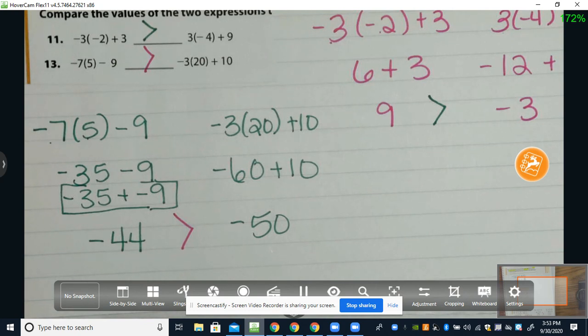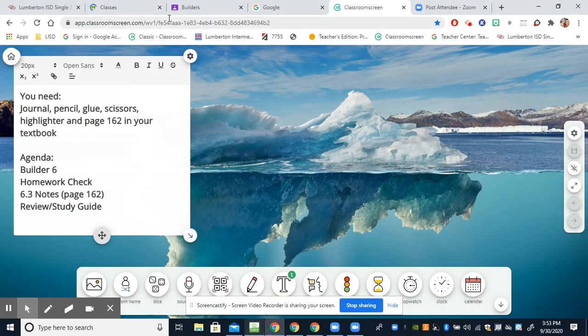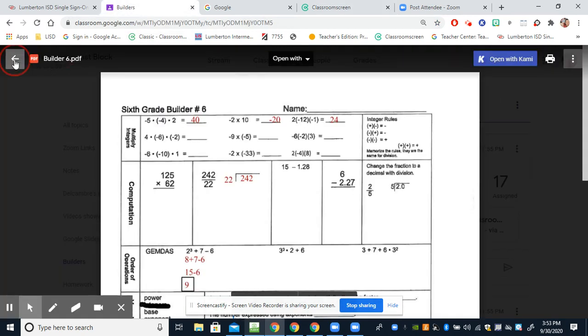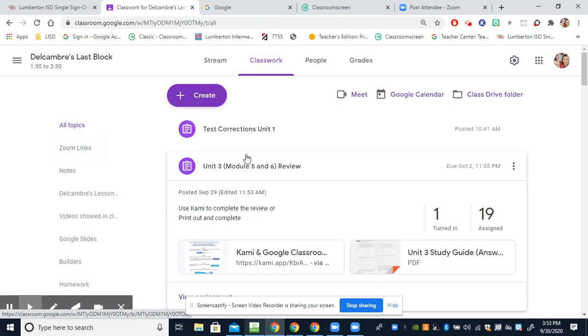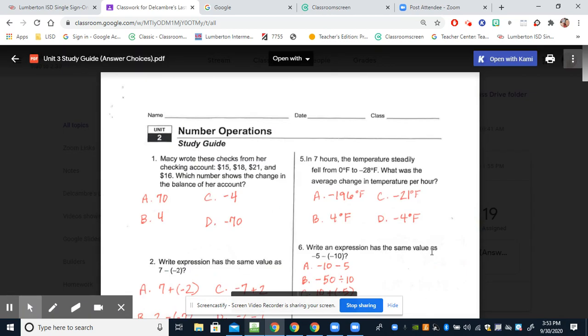If you go to your study guide, give me one moment. Hopefully my class, for some reason the class keeps going on and on. Go back to classwork, Unit 3, Module 5 and 6. I also sent it on Remind to your parents because the Kahoot game's tomorrow and the Gimkit.